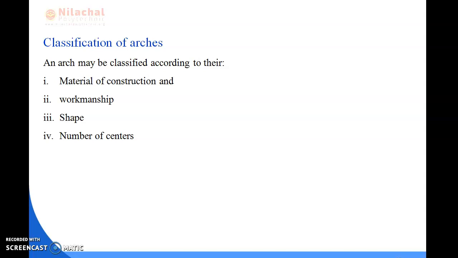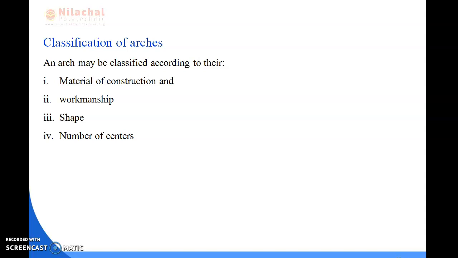Next is workmanship, that means according to the labor. Third is shape, in which shape we can construct the arch. Last one is number of centers, how many centers the arch can have. Okay, these are all the classifications of the arch.